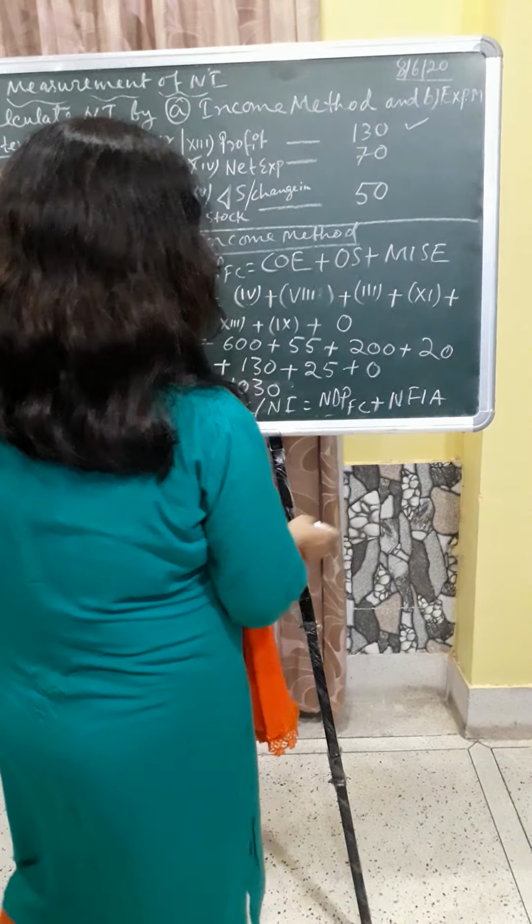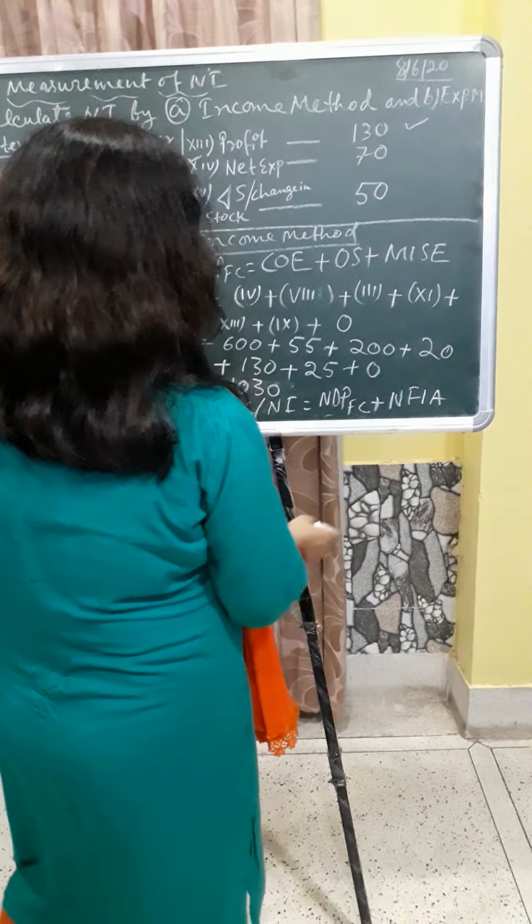So 1030 is NDP-FC, and in national income, NDP-FC plus NFIA.